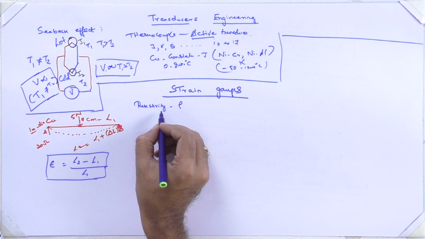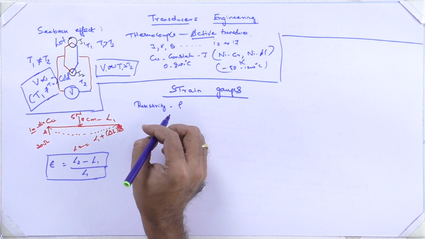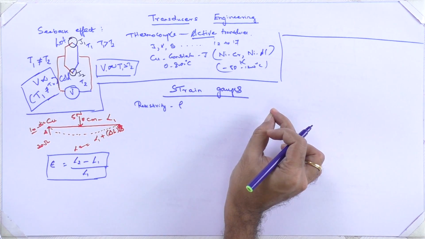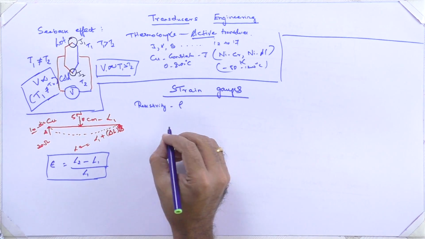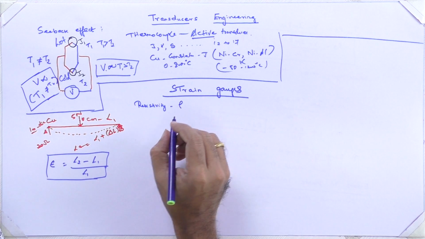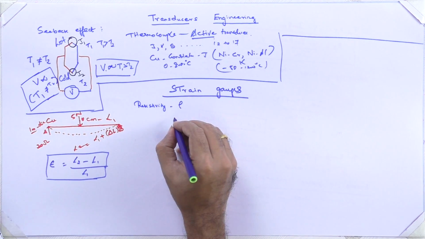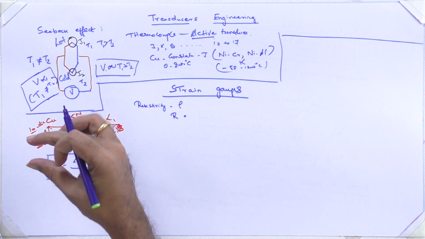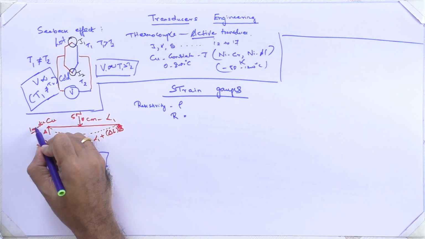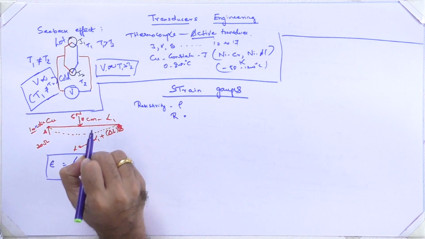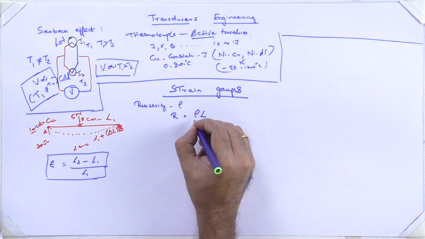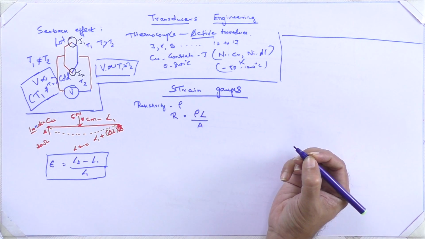Depending upon the resistivity, the resistance of the material for a given length and current flow will change. Hence, the basic equation for a strain gauge, the resistance for the given length and area, that is 1 millimeter and 10 centimeter, will be rho L by A.